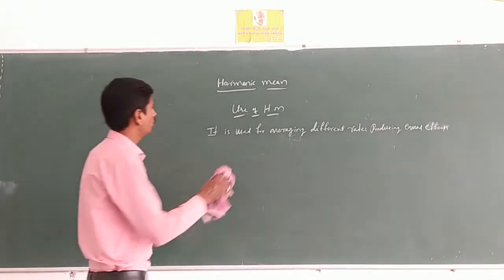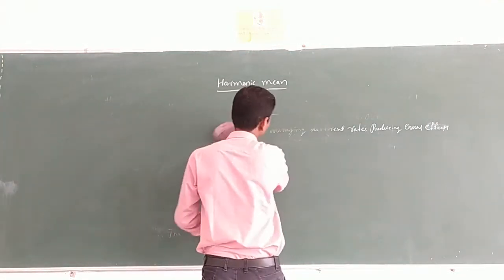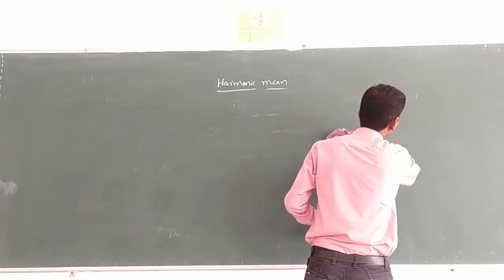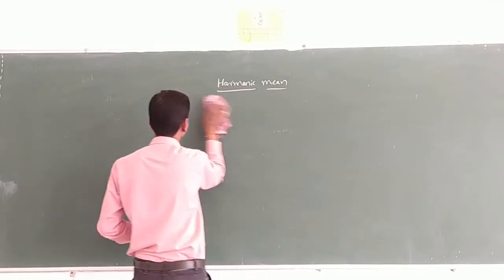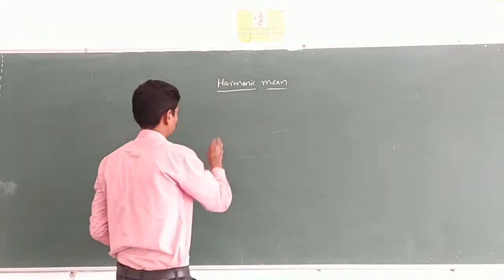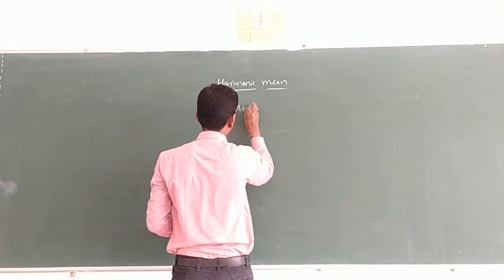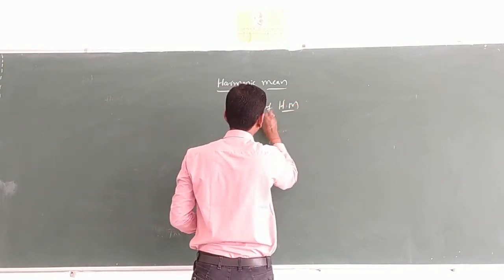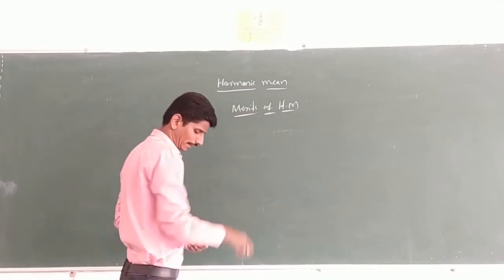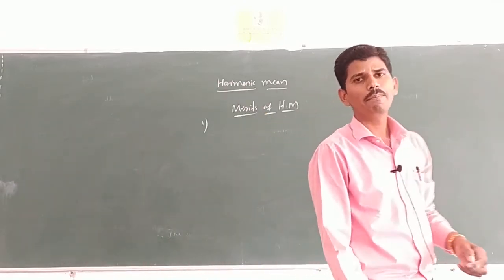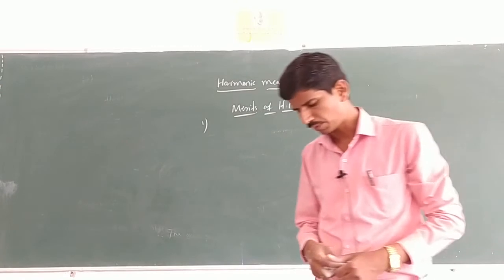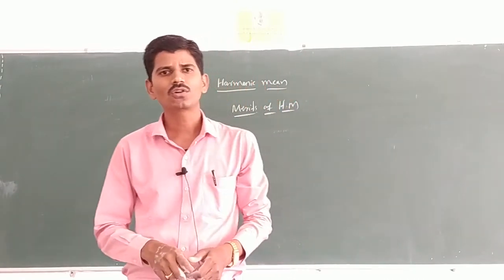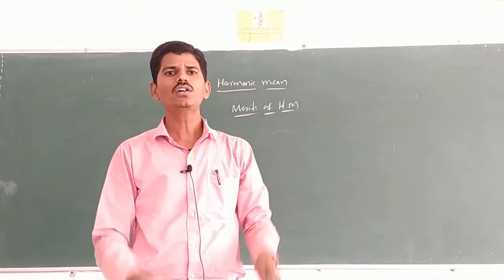merits and demerits of harmonic mean. Merits of harmonic mean. The first merit is, it is based on all the values, means it takes all the values.